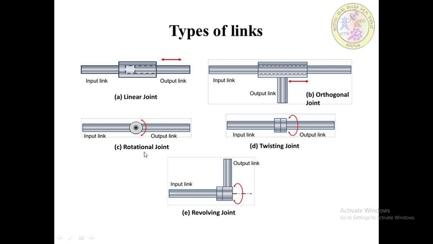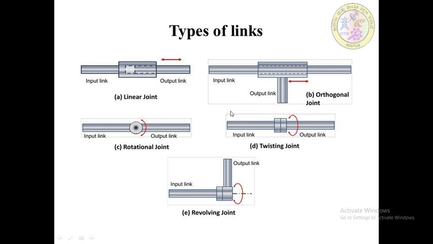Coming to the rotational joint, from this hinge point, this is the rotary center for the output link, and with respect to the input link, the output link is swung about this point. Coming to the twist joint, with respect to the input link, the output link has a twisting motion about the same axis, so it has one degree of freedom of x-axis rotation.